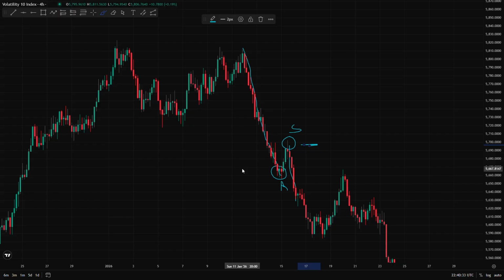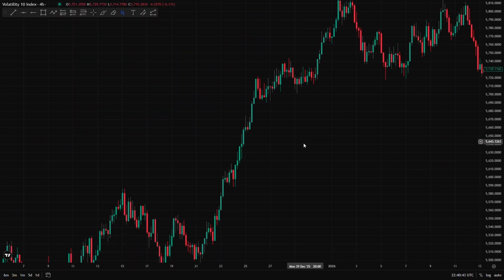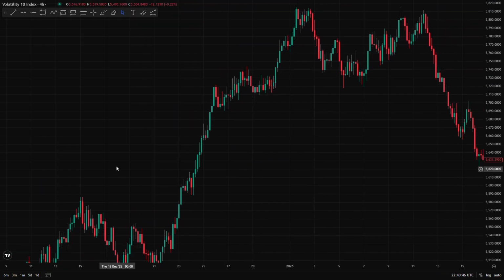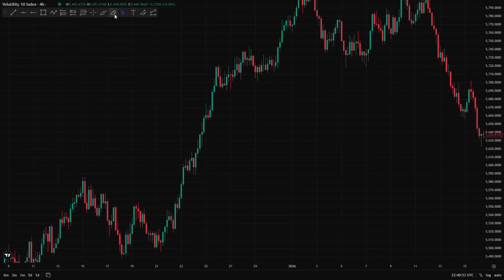For an upward movement also, we had the market going up, then it reached this particular price. It was rejected from this price by the sellers. Then it got to this particular price also.